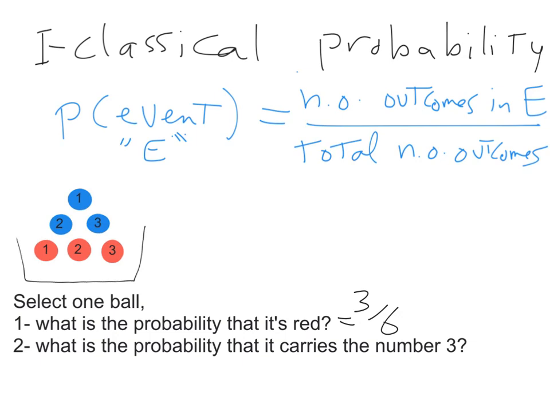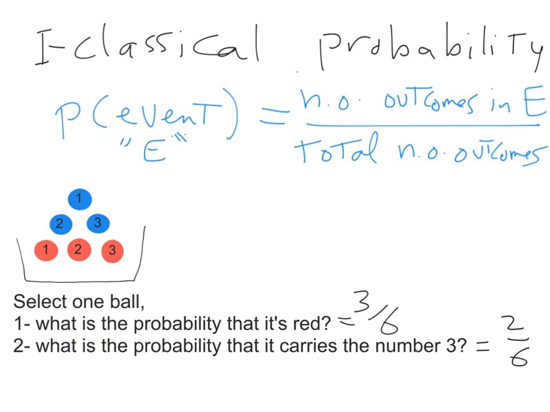Okay, so that's the answer to the first question. Now, the second question is also an event, but it's a different event. This time you want the probability that the ball carries the number 3. So it could be the blue ball that has 3, or the red one that has 3. So I have 2 outcomes in this event, 2 outcomes out of a total of 6. So that is 2 over 6.